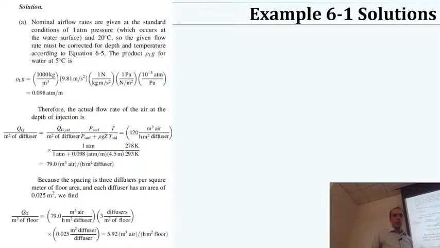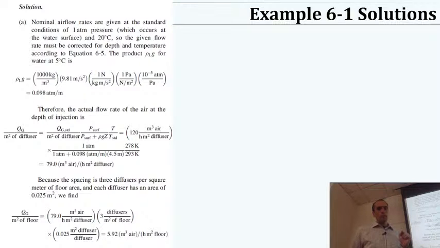So the given rate must be corrected, and if we think about it, we are going deeper, so more pressure. That means we're probably getting less volume, right? A bubble that is pressurized, as it depressurizes, should expand. So we'll have a smaller volume than we would have at depth.